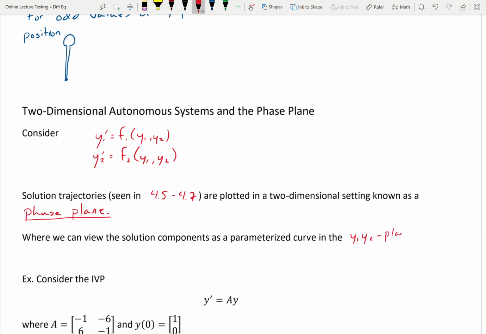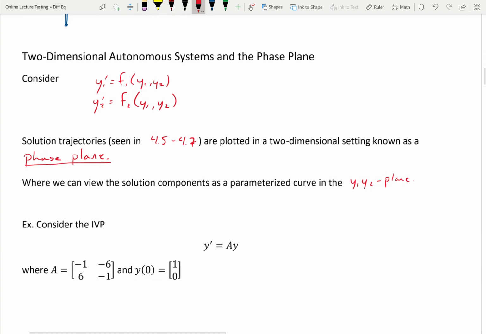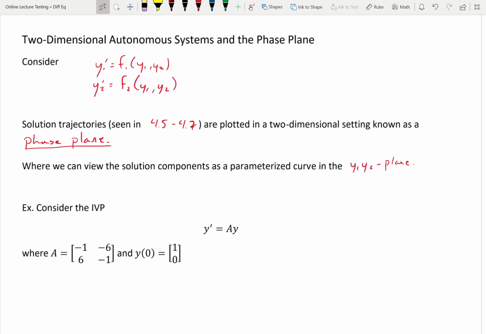And again, parameterization, if you want to look back in your calculus notes, or if you do have this Stewart edition of calculus, it's in chapter 10 when we talk about parameterization and drawing curves in terms of parameterized with the variable t. Okay, all right, so we call this plane y1, y2 the phase plane.